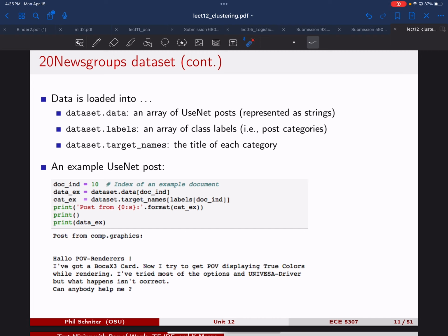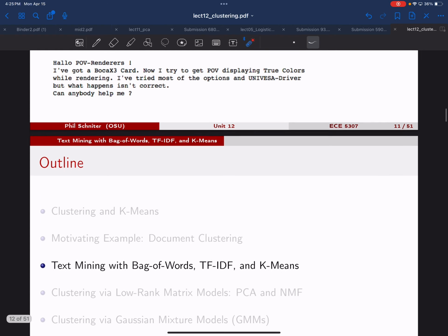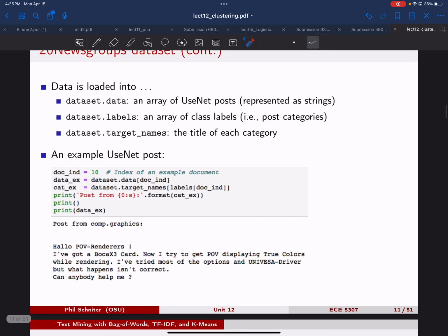And here is an example of a post. This is the code, obviously, and I think this is just the post right here. You can see it's quite short, looks kind of like an email. And this is from computer graphics, so it's someone with a video card asking for help, how to get their card working. Okay, so that's the data we'll be working with.